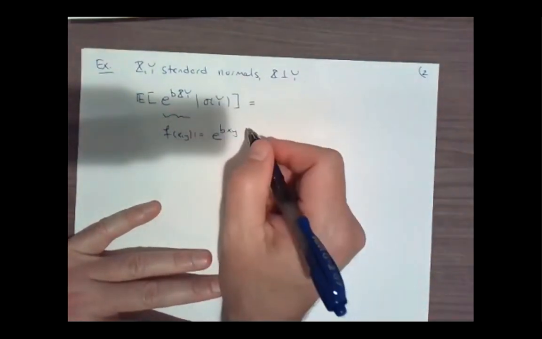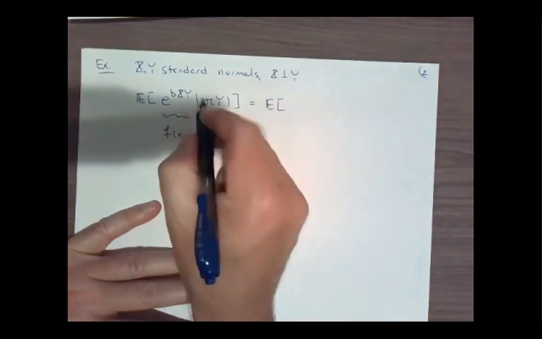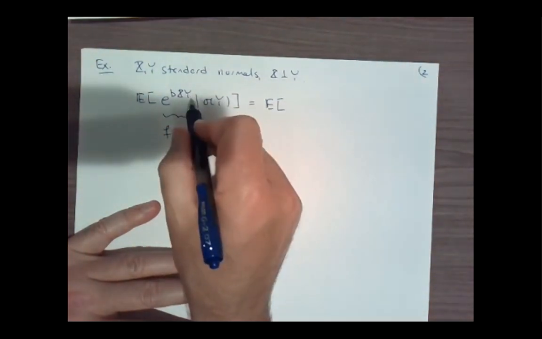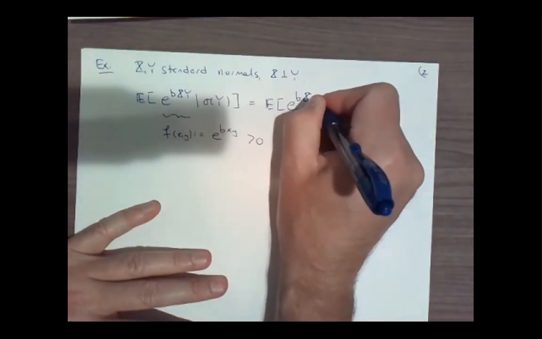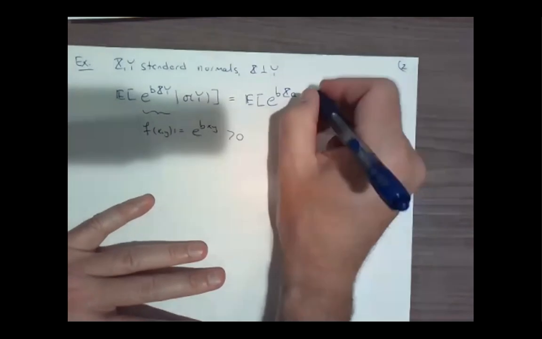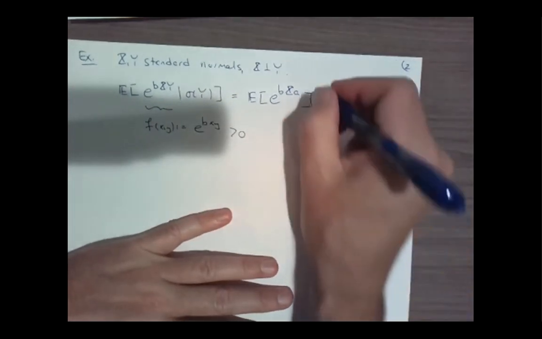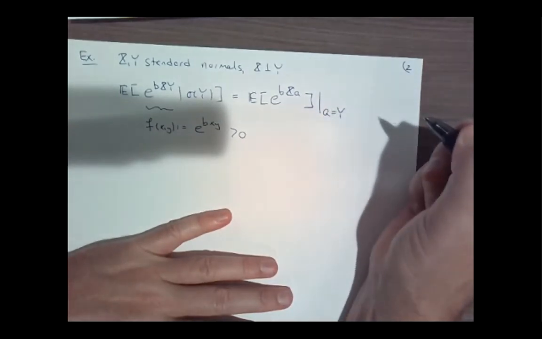This conditional expectation can be written as an expectation where I replace the random variable that I condition on, y, by a dummy, let's call it a. I perform this unconditional expectation, and when I'm done with it, I replace a with y.